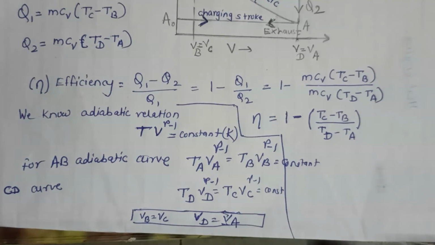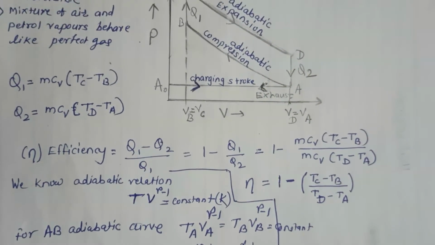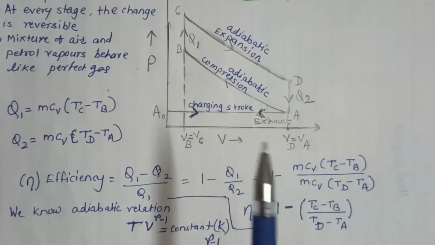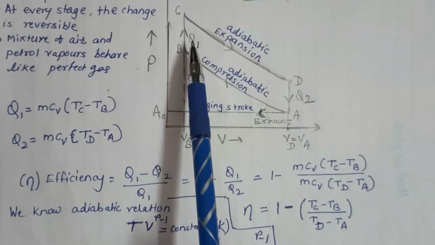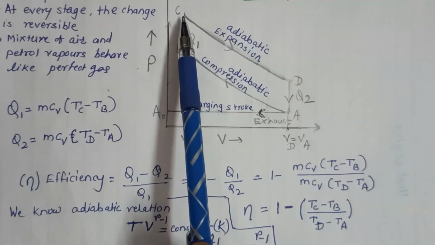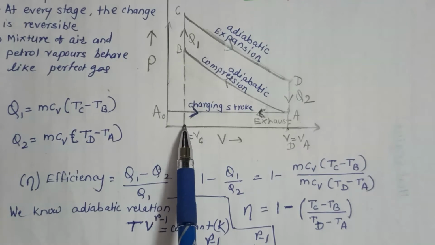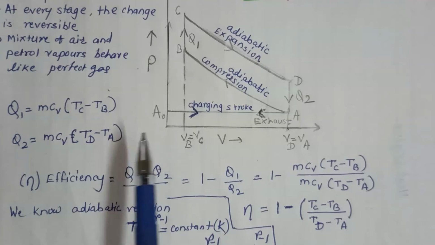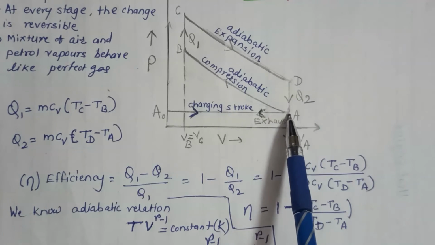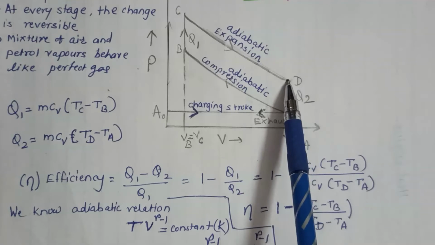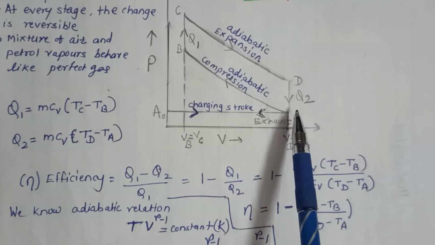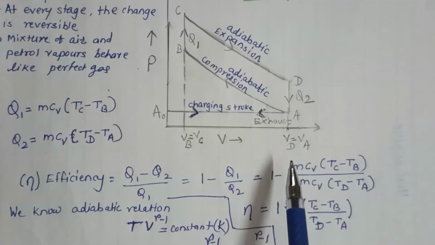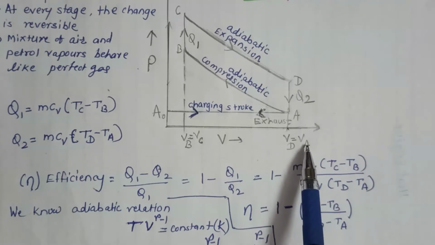Now in figure, BC, this is a change when volume is constant. The value of VB is equal to VC. Similarly, along curve DA there is isochoric change. The volume is again constant, so that VD is equal to VA.